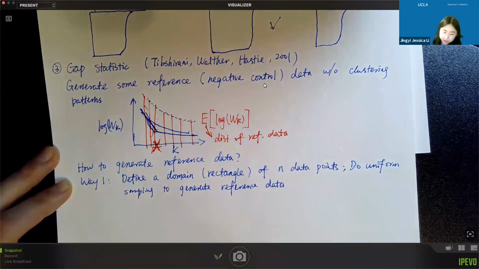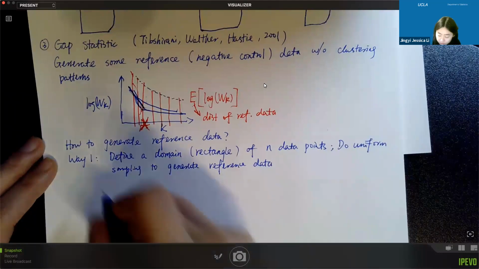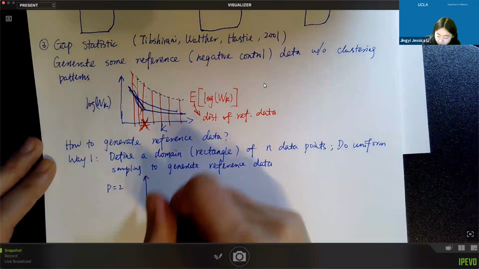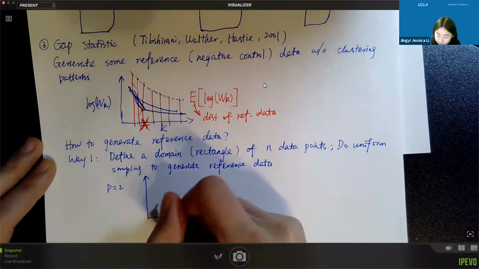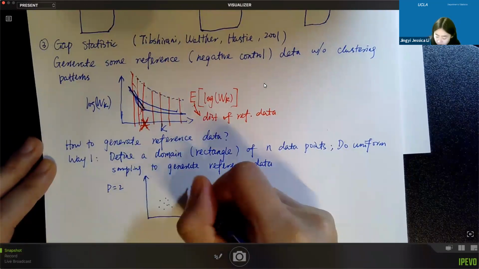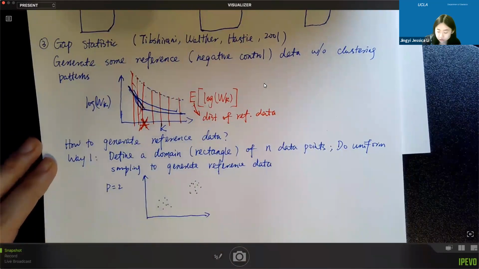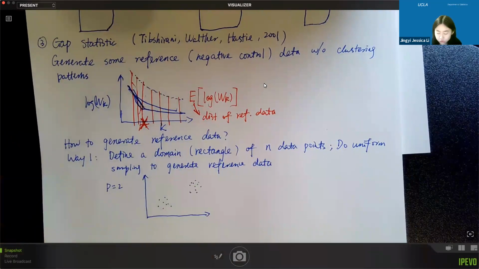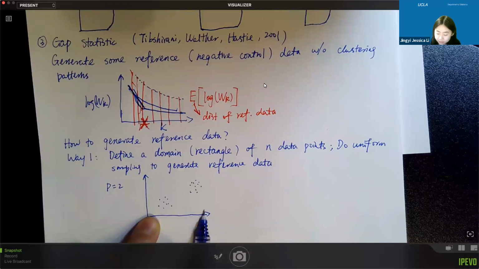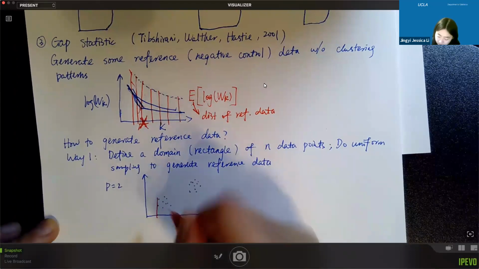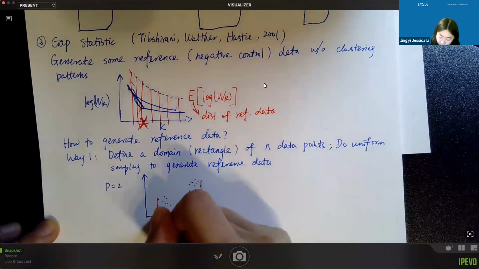So let me give you an example for P equals 2. Let's say that you have n data points with only 2 dimensions. If the data points look like this, clearly you have 2 clusters. And to generate reference data, what you want is to define the limits for the minimum and the maximum in each dimension. Let's say that you have this as the minimum in the first dimension.